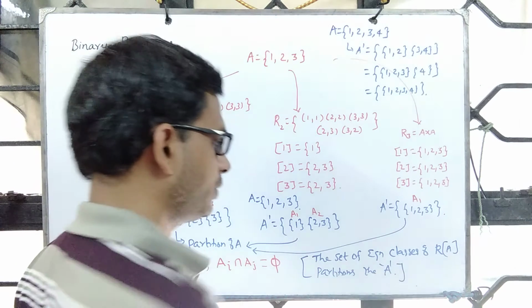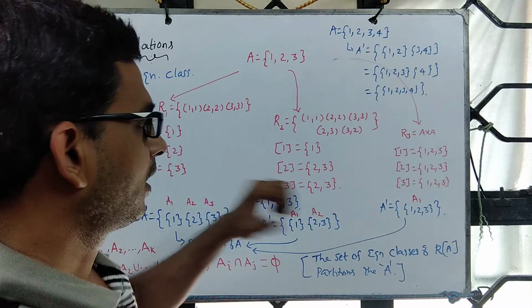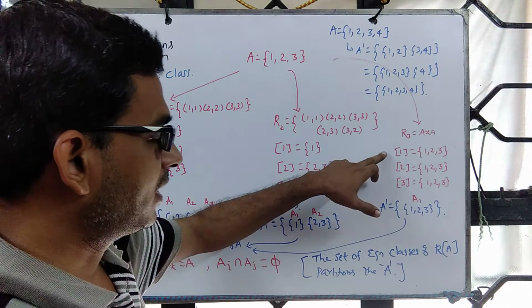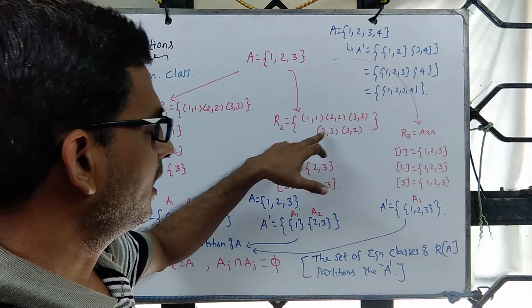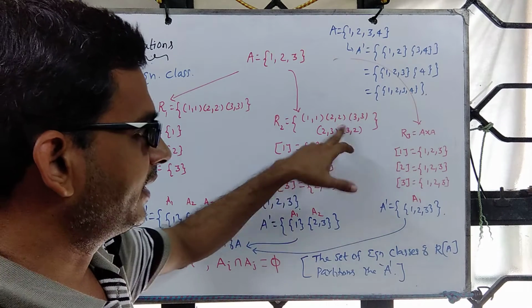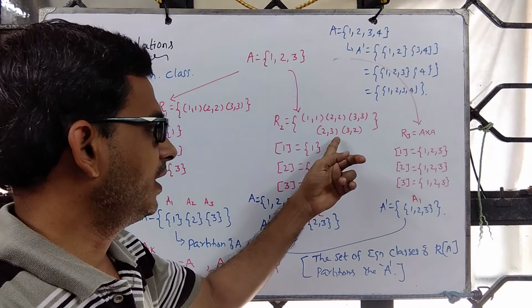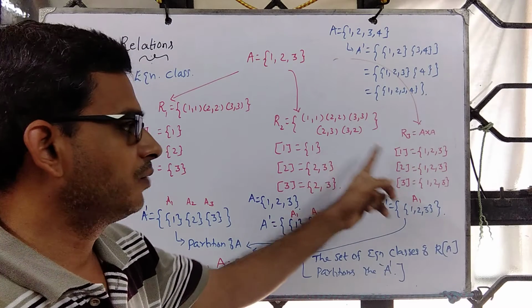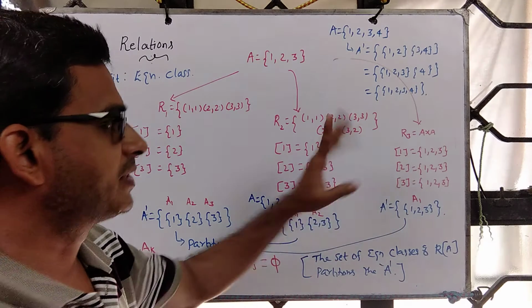So this also tells you other things. We also observe that the set of equivalence classes and the underlying relation have a one-to-one mapping, meaning given an equivalence relation, one can construct this. Given this, one can construct this.